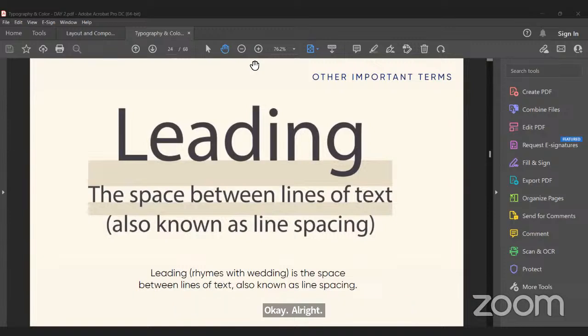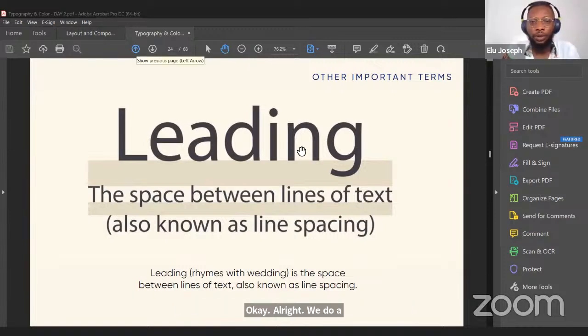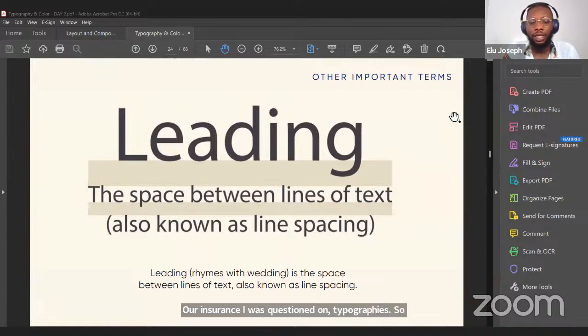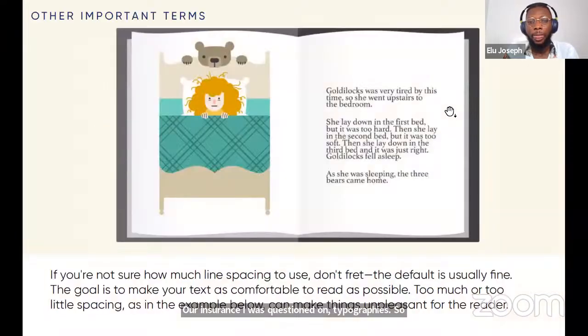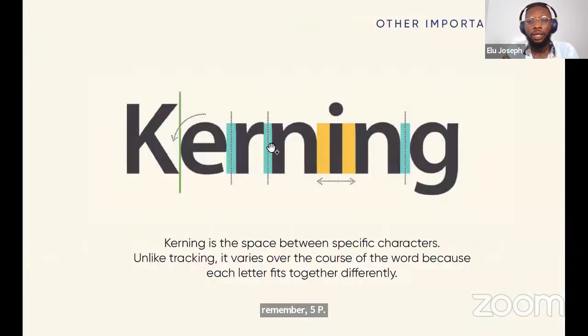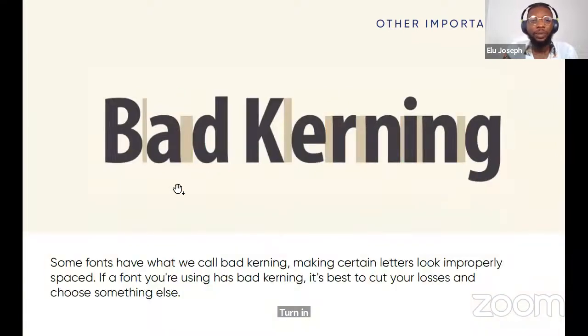We were wrapping up our discussion on typography from yesterday. So remember leading, tracking, kerning, and I talked about bad kerning.